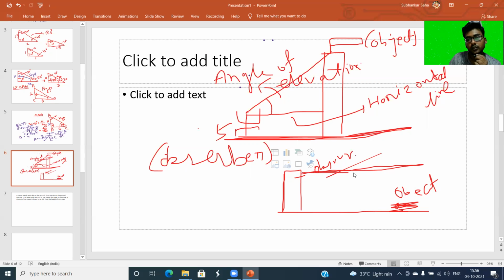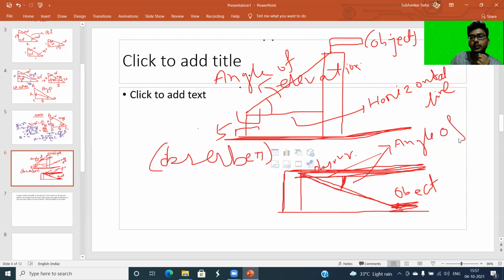The observer looks into this, then makes an angle. It is the angle of depression.